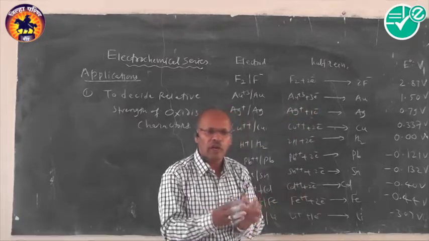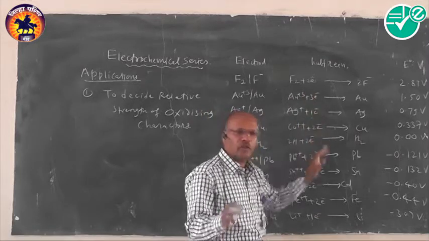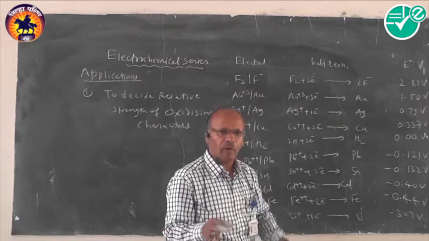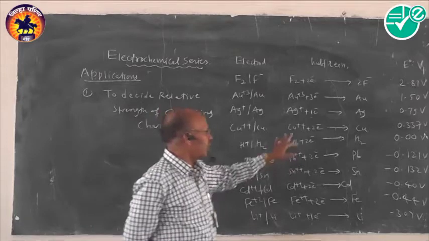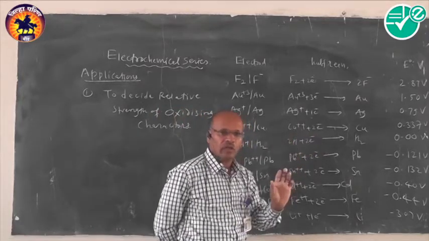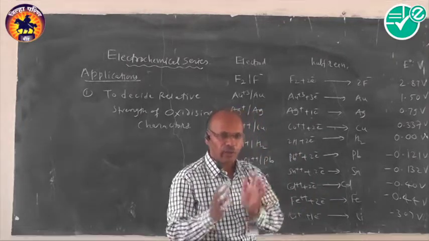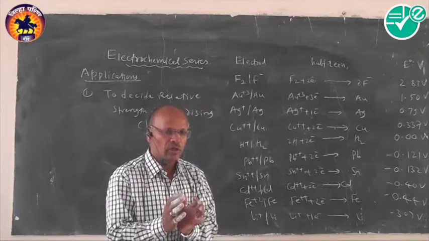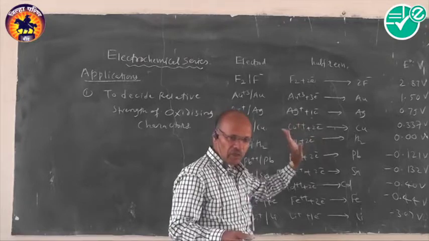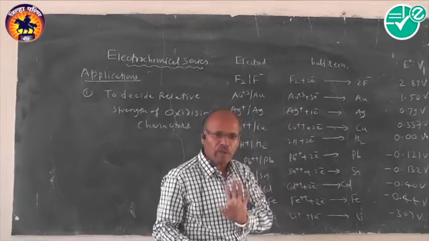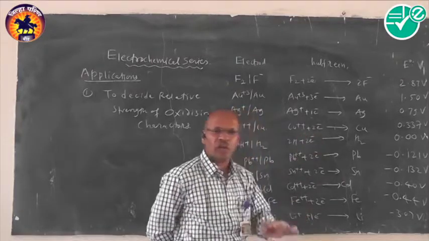If you observe the left hand side portion in the upper part of the EMF series, these species have a tendency to gain or accept electrons. And since these species gain or accept electrons, they themselves undergo reduction. Remember that the species placed on the left hand side of the half reactions in the upper portion of the EMF series, because their reduction potentials are positive.